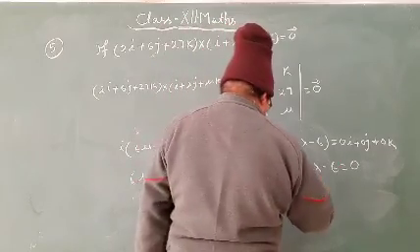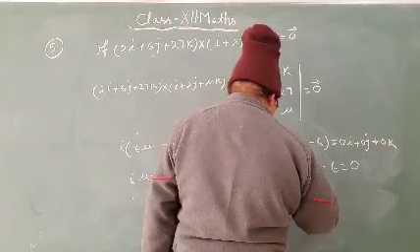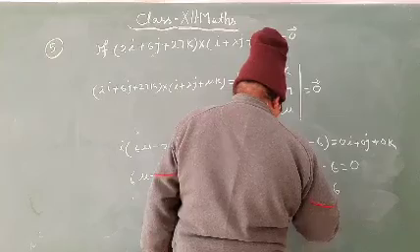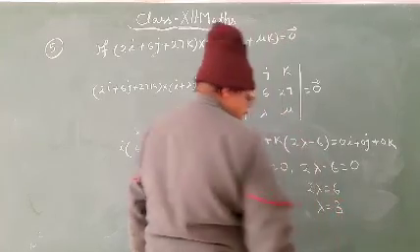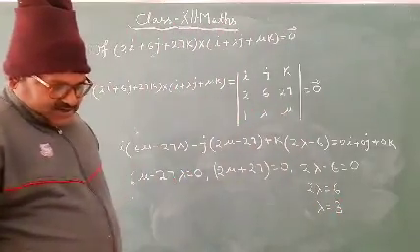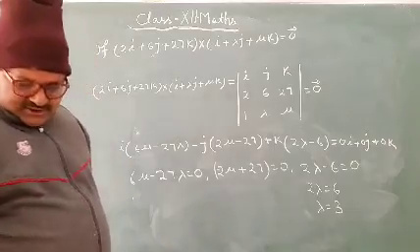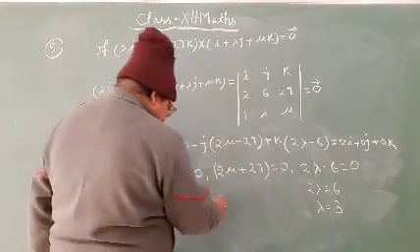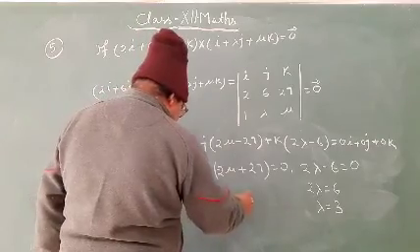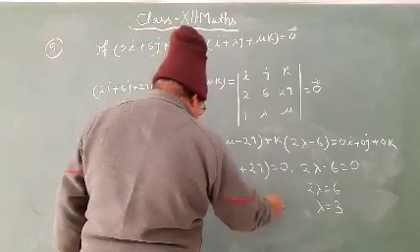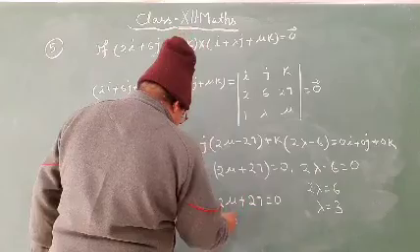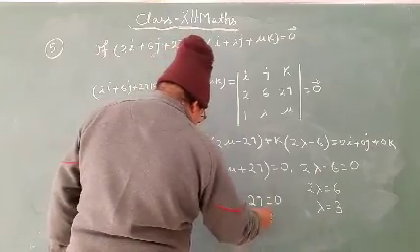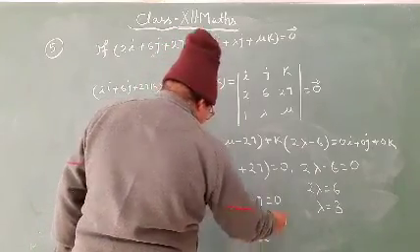So 2 lambda equal to 6 and lambda is equal to 3. And minus 2 mu plus 27 is equal to 0, so mu is equal to 27 upon 2.